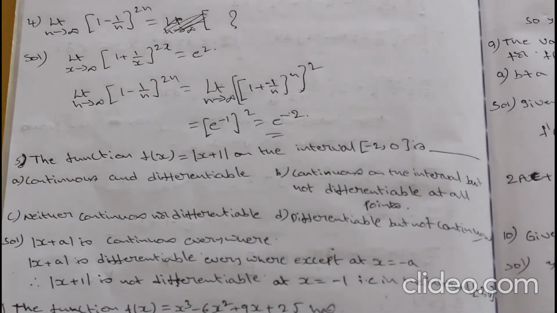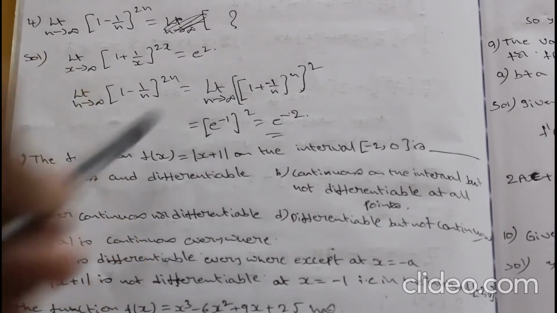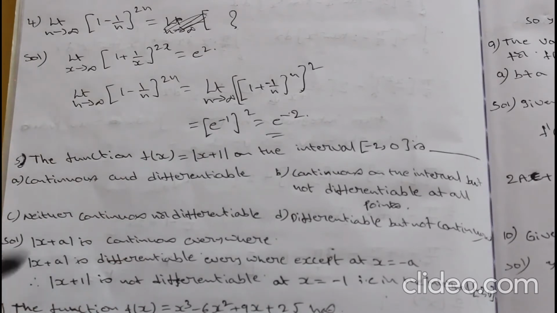So friends, modulus of x plus 1 is continuous everywhere. For any value of x we will get f of x, so it will be continuous everywhere. Let us take any function x plus a. Here x plus 1 is given, but let us take modulus of x plus a.